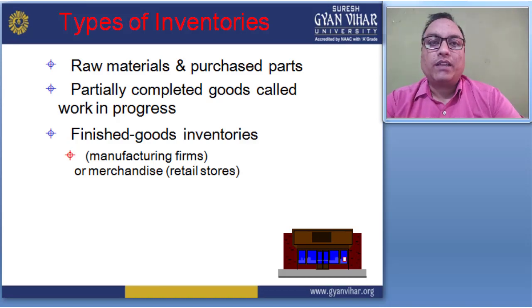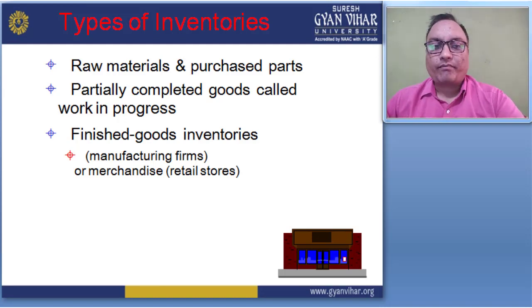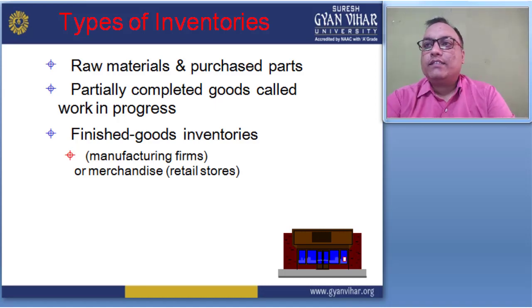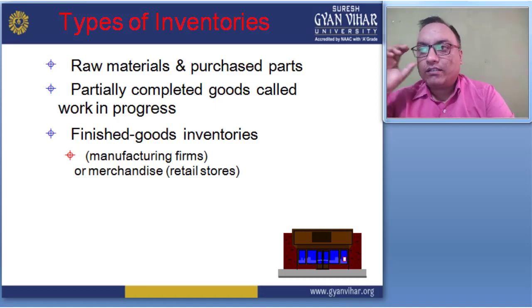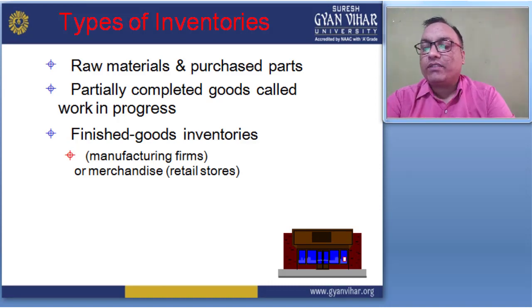So these are the four types of inventories here. Raw material represents various materials a company purchases for its production process, and these materials must undergo significant work before a company can transform them into finished goods ready for sale.